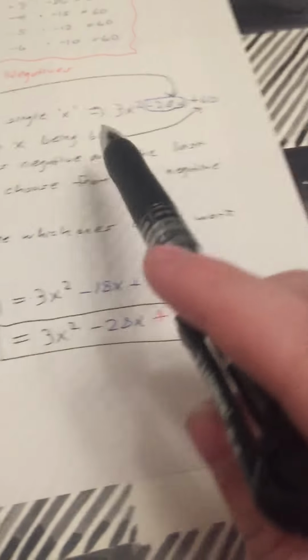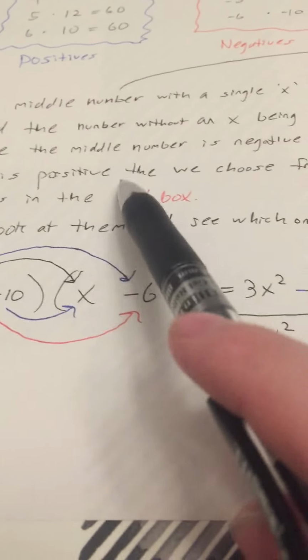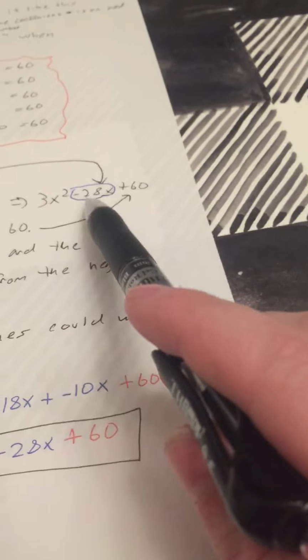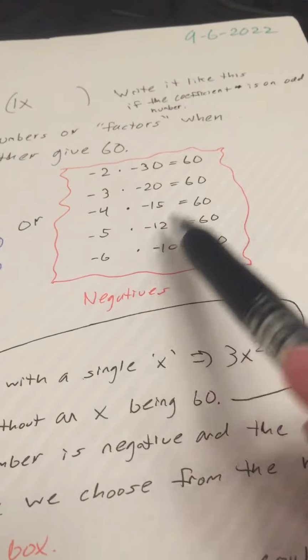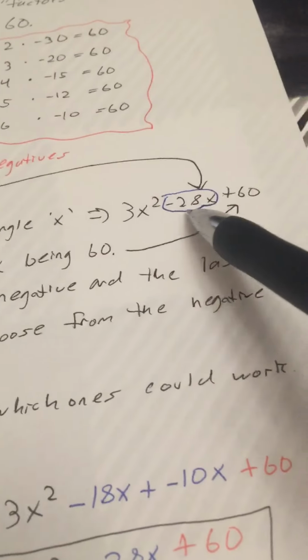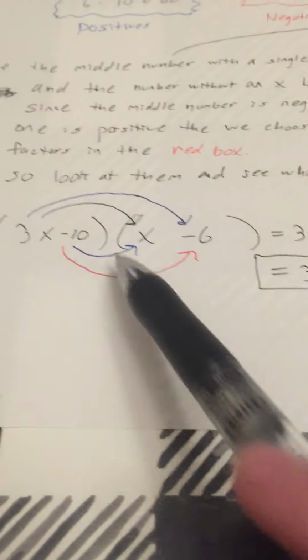Since that middle number is negative and the last number is positive, so this is negative, positive. If this is negative and positive, we choose from this set of numbers, because how you get the middle number is by adding these two things.